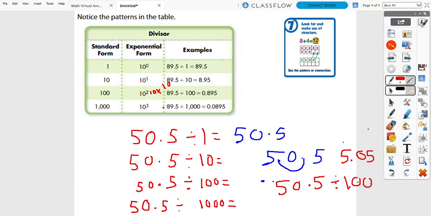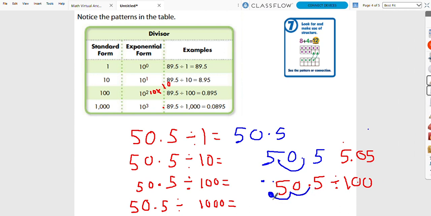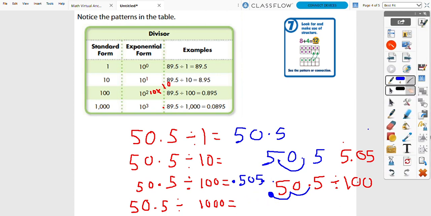You have 2 zeros there, so you should know we're moving it 2 spots. This is where a lot of you get into trouble because you panic, I think. 1, 2. That's your new decimal point. Rewrite it. 0.505.